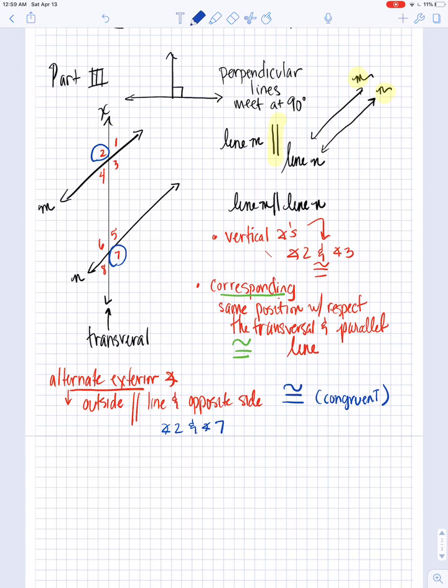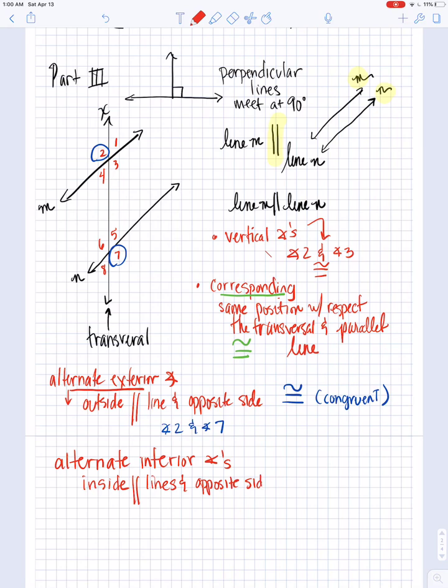So they are congruent. And if we have alternate exterior, well, you can guess that we also have alternate interior angles. And alternate interior angles, instead of being on the outside of the parallel lines, they're on the inside of the parallel lines, but they still are on opposite sides of the transversal.